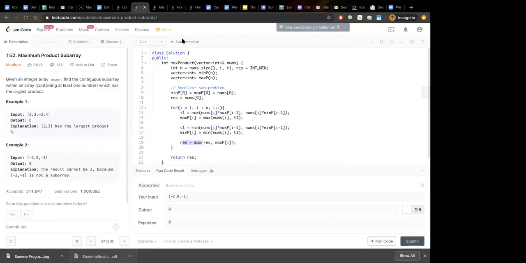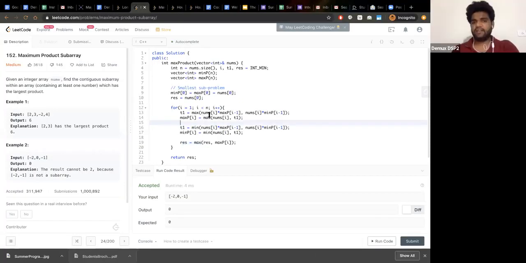Sir, by taking that min p i, are we considering all the elements being negative or only a single element, assuming it as negative?